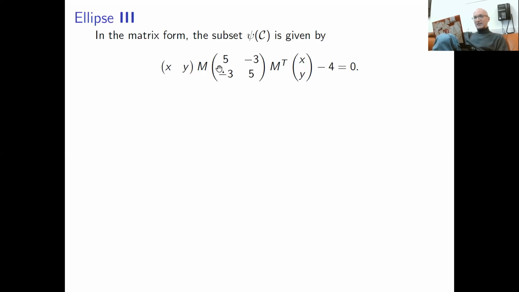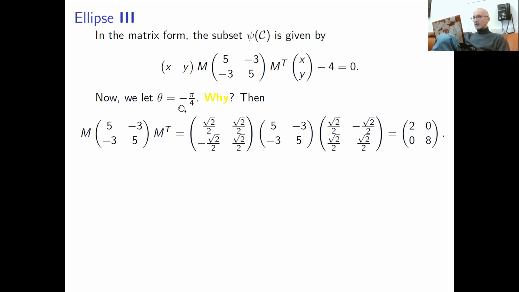And actually we already diagonalized this matrix orthogonally in the previous part of this lecture. So we actually know the angle by which we should rotate. This angle is actually minus pi over 4.